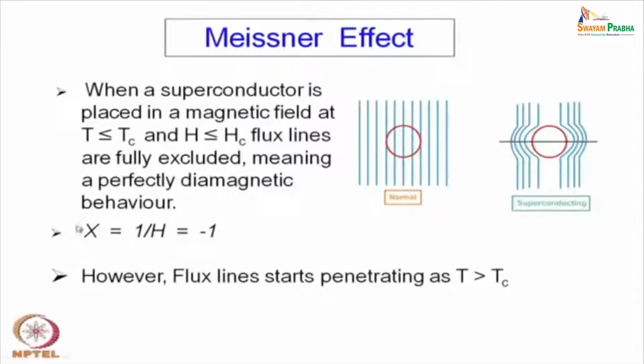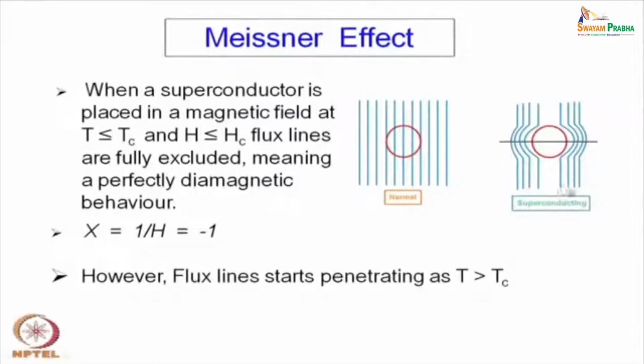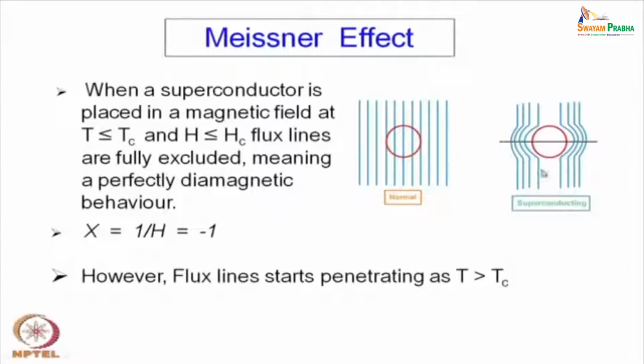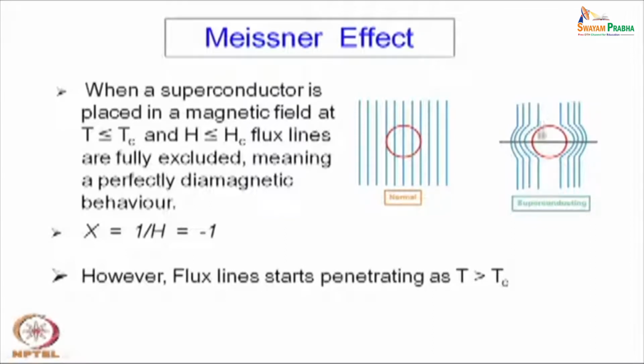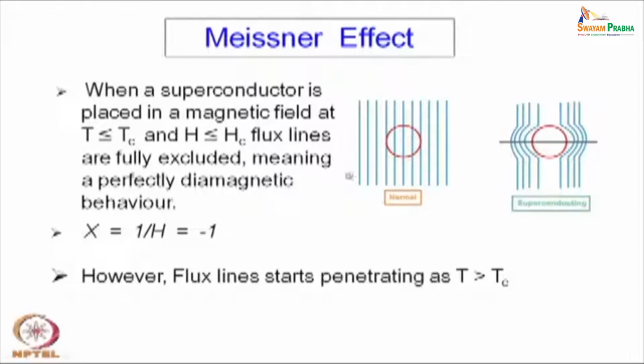Whereas, in a superconductor the value is exactly -1, and that means a complete exclusion takes place. In other diamagnetic materials a fraction of the lines of force can penetrate through the material, whereas in a superconductor nothing penetrates, and that is what is called a perfect diamagnetism.